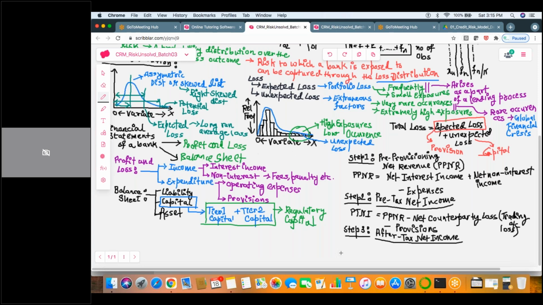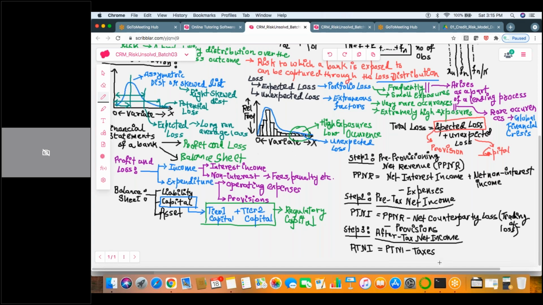Okay. So what we have is the pre-tax net income. To the pre-tax net income, the third step is to adjust the tax. The after-tax net income is nothing but the pre-tax net income minus taxes. So what I have done over here is I have adjusted the taxes.